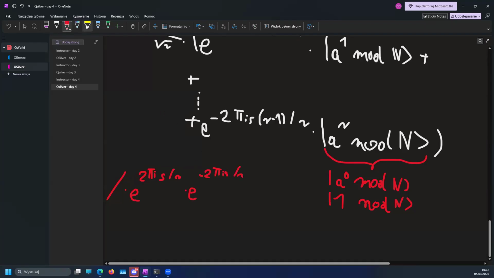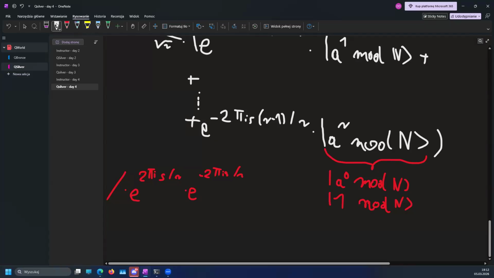As you can see, if you combine those two values from the exponents, if you add them up, which you can do when multiplying exponents that have the same base, they will cancel out and be equal to 0. So this is e to the power of 0, which is equal to 1.